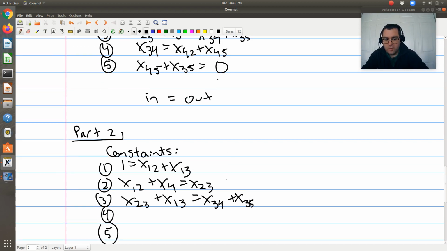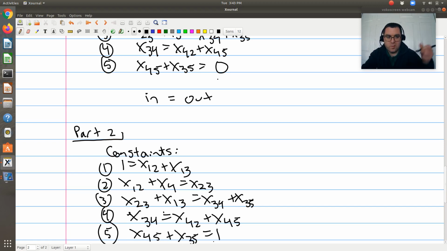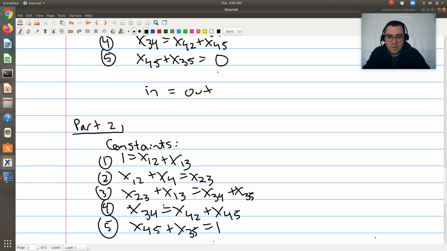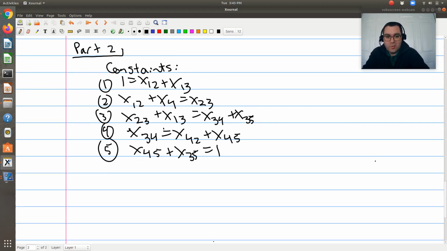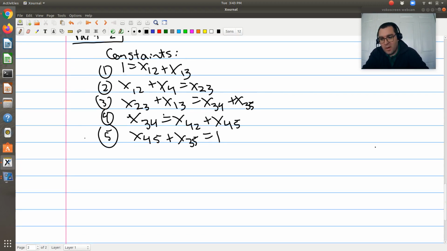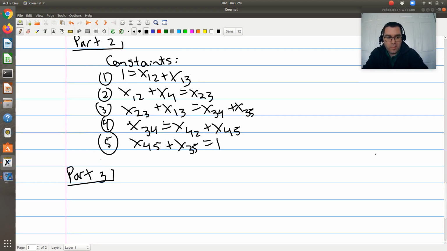Node 4 or city 4 will be exactly the same. And now node 5, I'm going to have a unit exiting, so I put that one over on the right hand side for exiting. And that's it. Then I would just update my Excel sheet and solve.